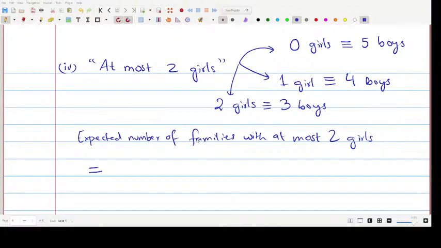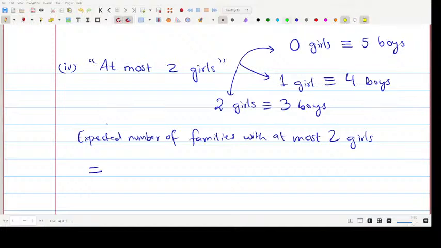So a family can have three boys, which means two girls, or four boys, which is one girl, or five boys or zero girls, right? In this case, all these three events are independent of each other. So we can find out their probabilities separately and just add them up. That will solve our problem.